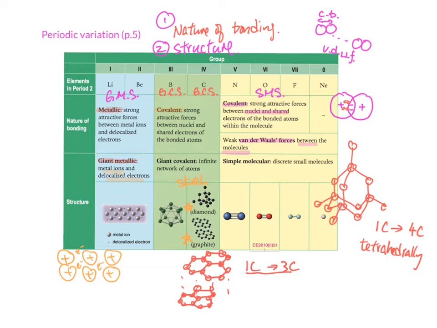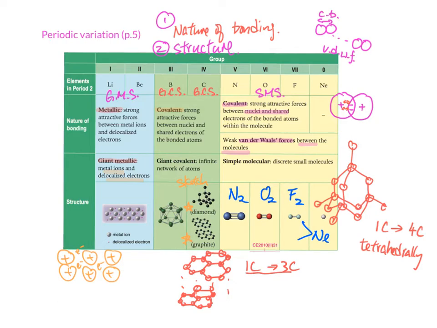Pay attention to the size of the molecule. We have nitrogen, oxygen, fluorine, and also neon. For the size, you'll find that nitrogen, oxygen, and fluorine are quite similar to each other, but neon just has 1 atom, so it is relatively smaller than the other 3.